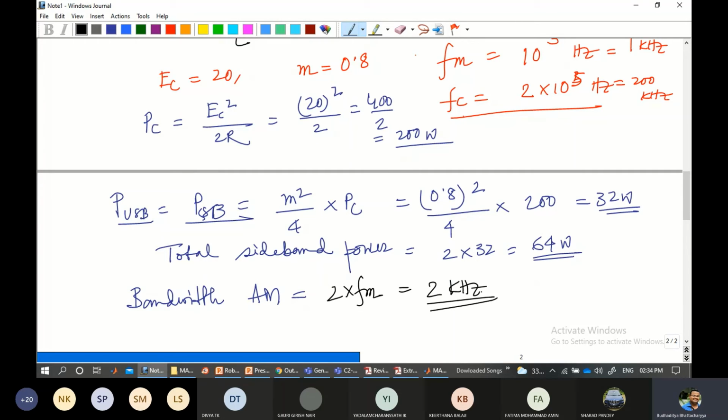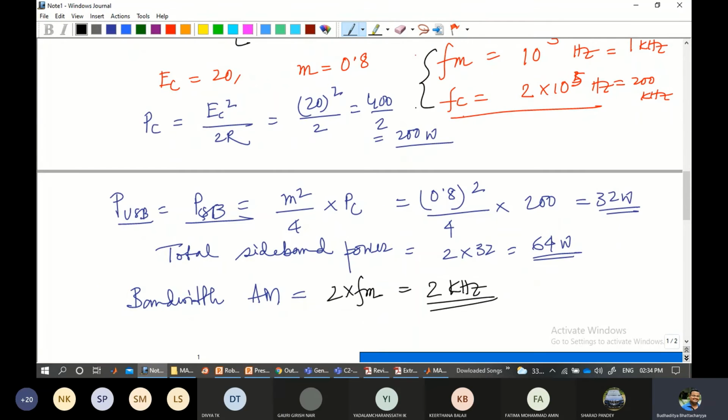That's clear. Alright. So now suppose you are asked to find out what should be, suppose this part is SMFC that you have mentioned over here. It is not given in the question, nor is it asking you to find. But suppose we modify the question so that it also asks to find the carrier frequency and the modulating baseband frequency used in this particular modulator.